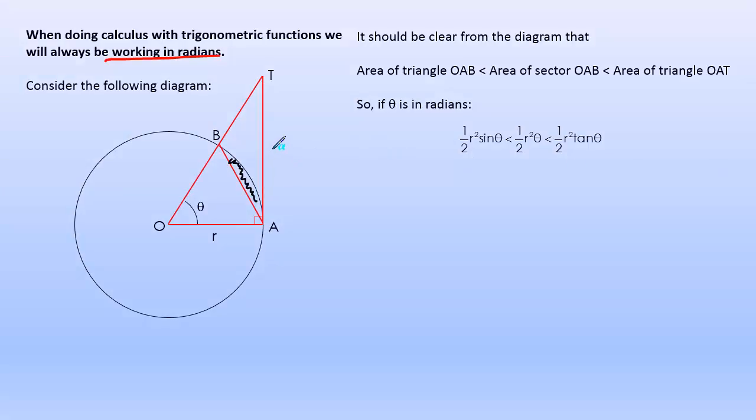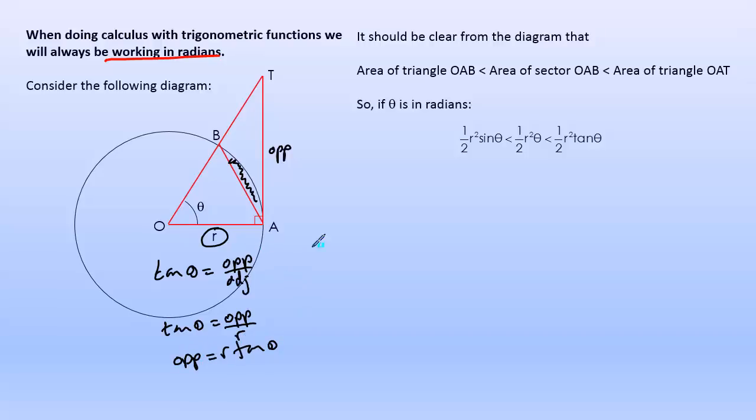We have this side over here, which is the opposite, and we know that tan theta is equal to the opposite over the adjacent, and here the adjacent is r, so tan theta is equal to the opposite over r. So the opposite is going to be r tan theta, and then it's just a half base times height gives us half r squared tan theta.